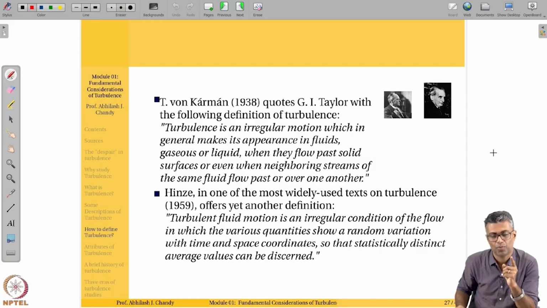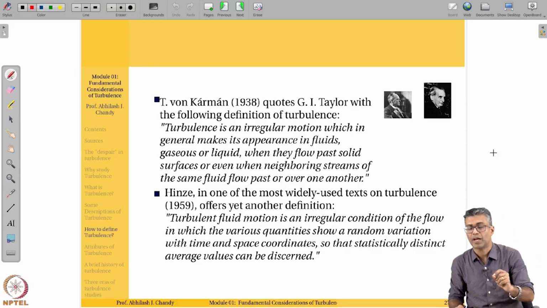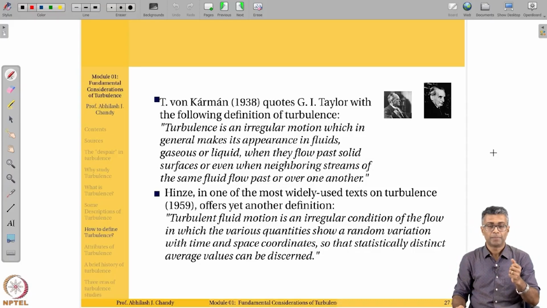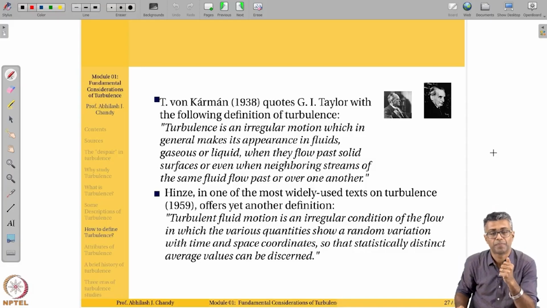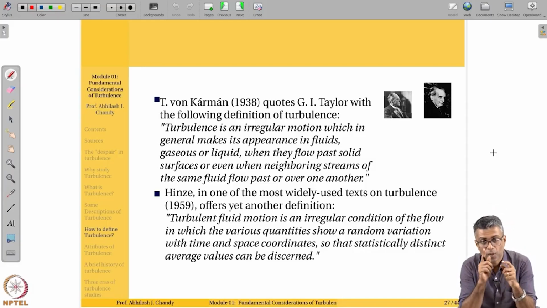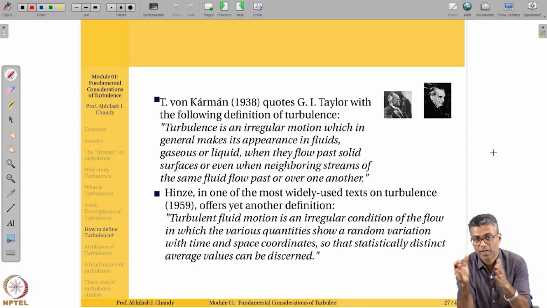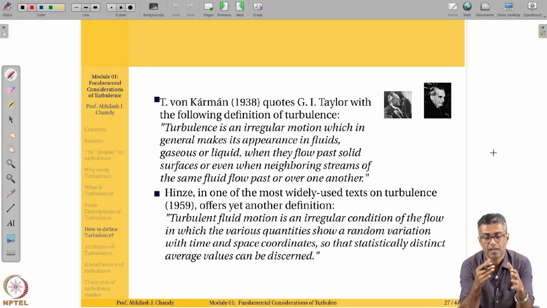Now the question I want to ask here is, is it really random? Do we absolutely have no idea why it happens? That's what random is, right? Is it really random? So let me keep that question on hold. We'll try and answer that in this class, in the next few classes, and so on.